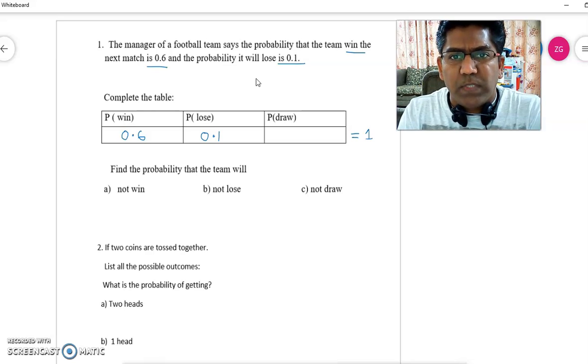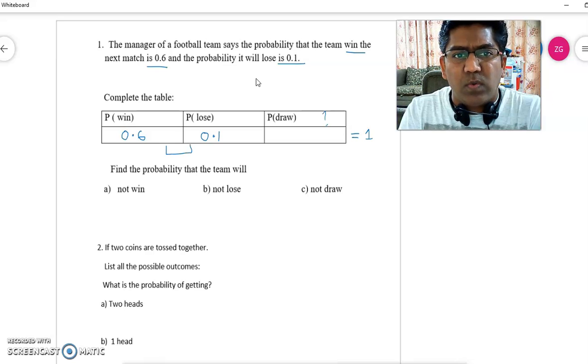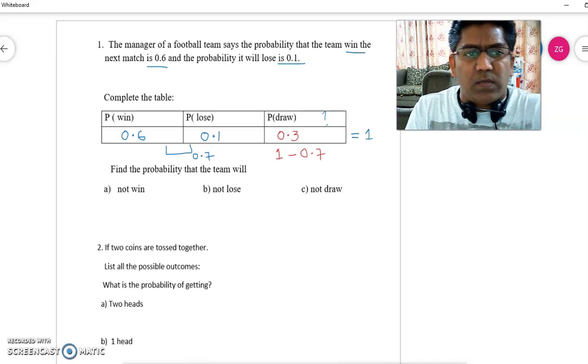Now how do we find the missing probability? You add the two and subtract from 1. So you add 0.6 and 0.1, and you get 0.7. So to find the probability of draw, you do 1 minus 0.7. So my probability of a draw is 0.3.